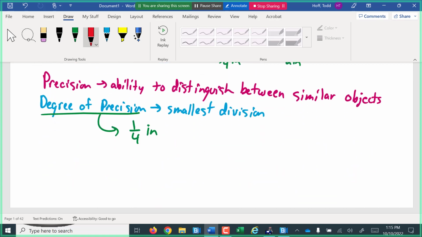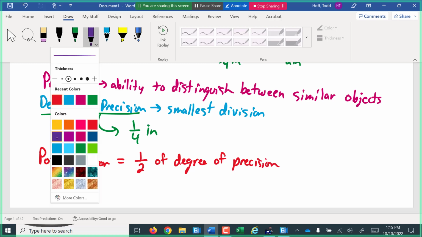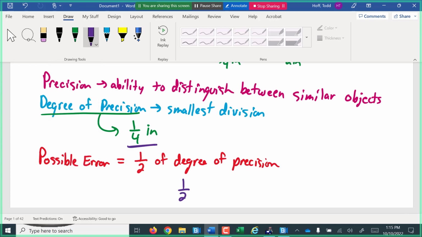So the possible error in a measuring device is 1/2 of the degree of precision. So for this ruler, the degree of precision was 1/4. So 1/2 of 1/4 is an 1/8 inch. So the possible error in this measuring device is plus or minus an 1/8 inch.